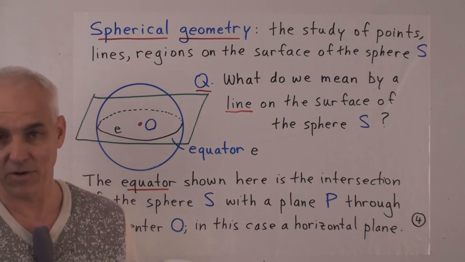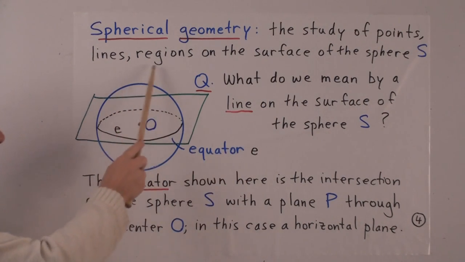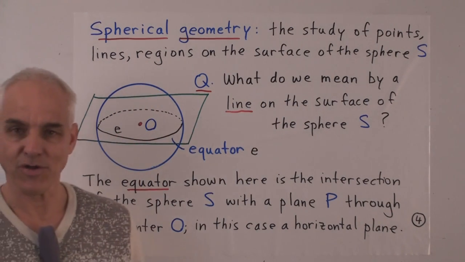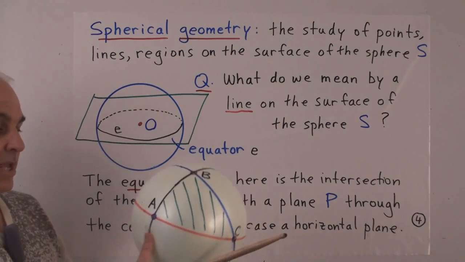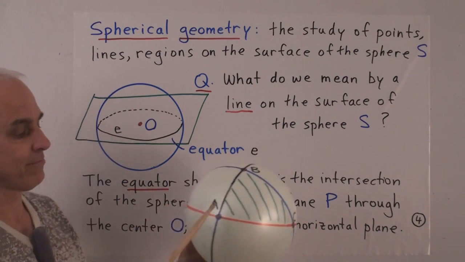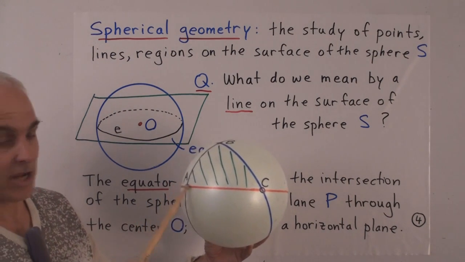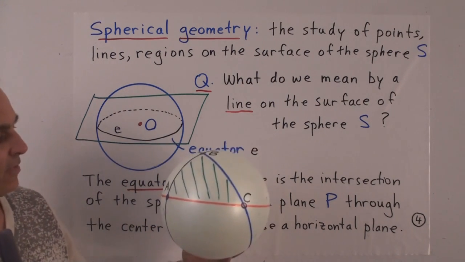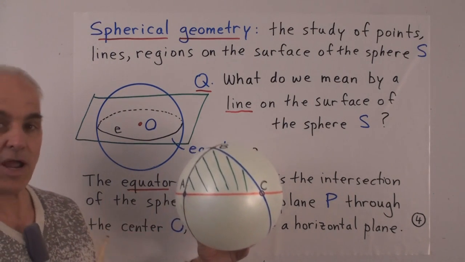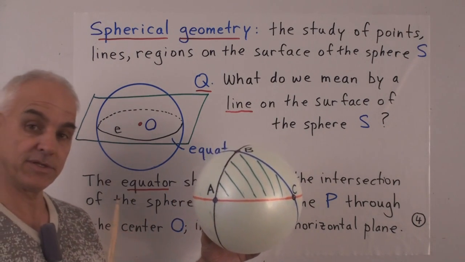So let's define spherical geometry roughly as the study of points, lines, regions, and so on the surface of a sphere. So we're going to be interested in points, like this one, or this one, or this one. We're going to be interested in lines, for example, something like this, or something like this. Regions, like that little triangle. Or maybe more complicated things, maybe circles.